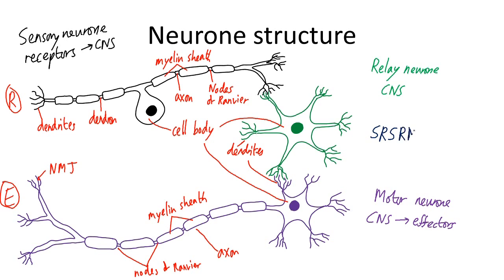That's passed on to the correct motor neuron, which then carries the impulse to an effector, which carries out the response. So this is the process of stimulus to response in a simple reflex arc. So SR, SR, MER will help you remember all of the different steps in the correct order.